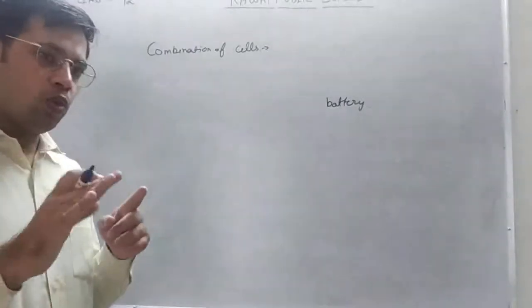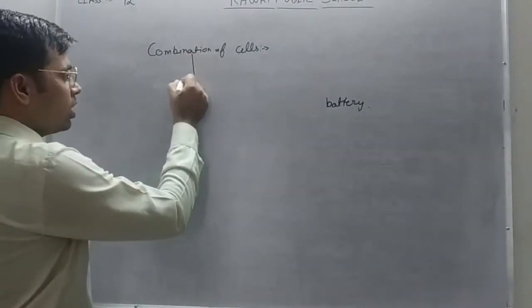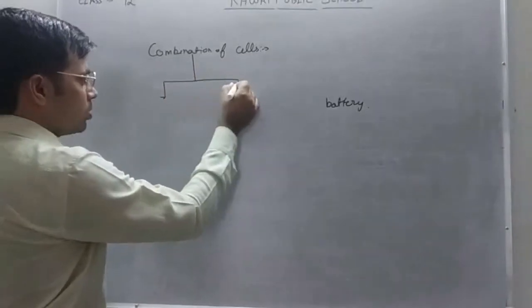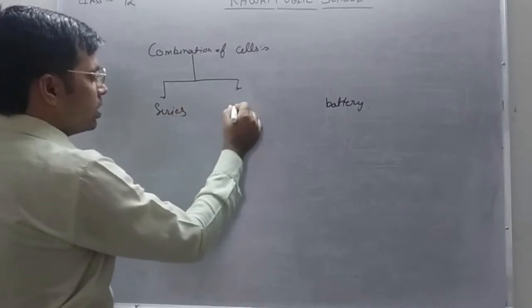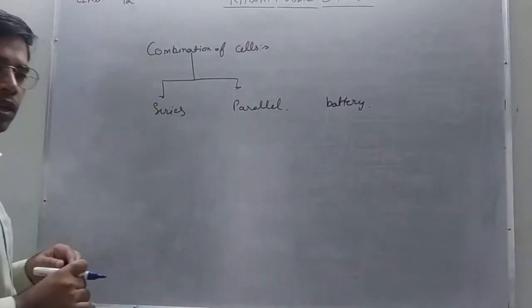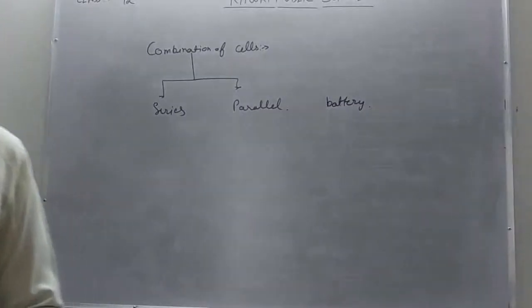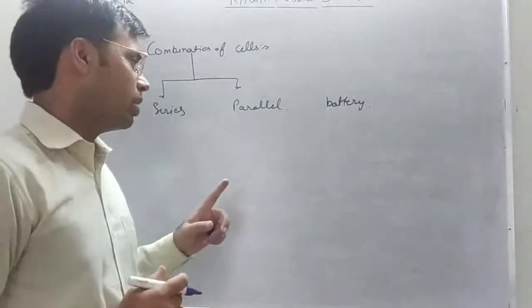Now when two or more cells are connected, the combination is of two types. One is series and the second one is parallel. One is series combination and the second is parallel combination.